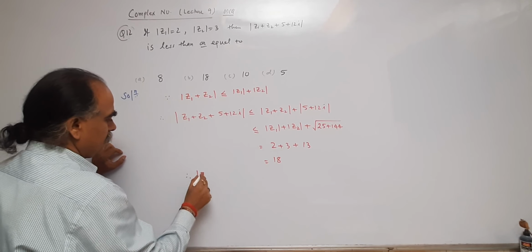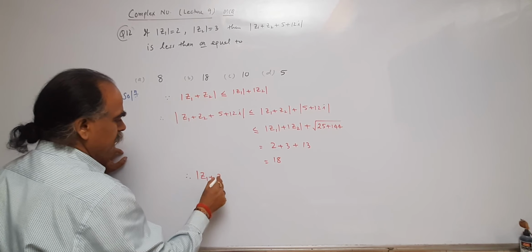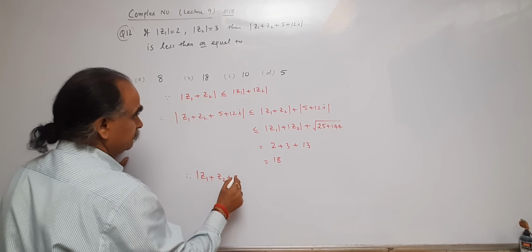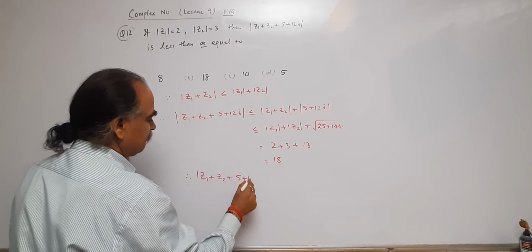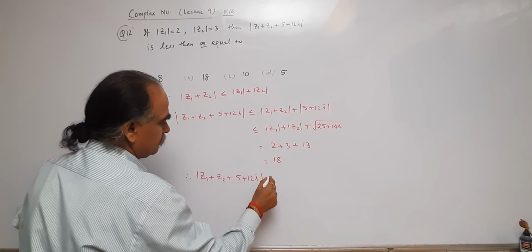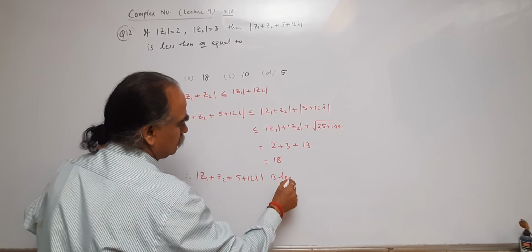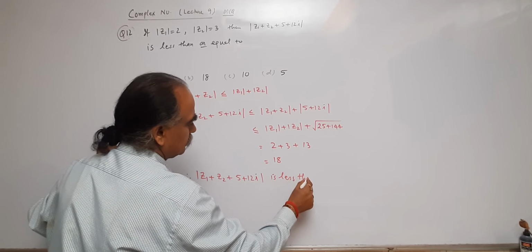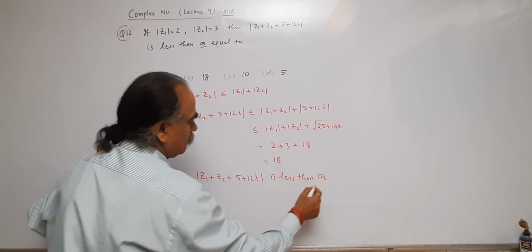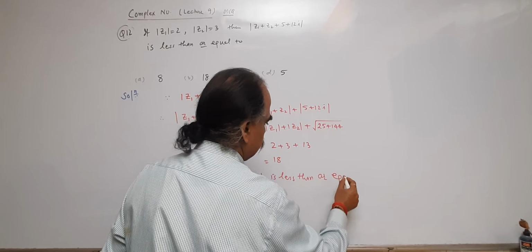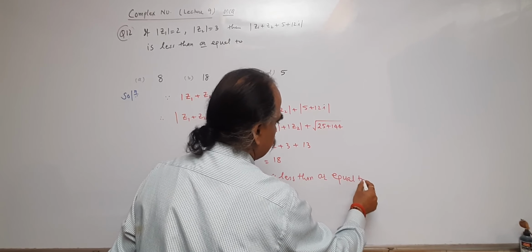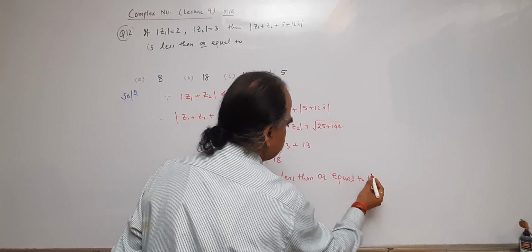Therefore, mod z1 plus z2 plus 5 plus 12i is less than or equal to 18.